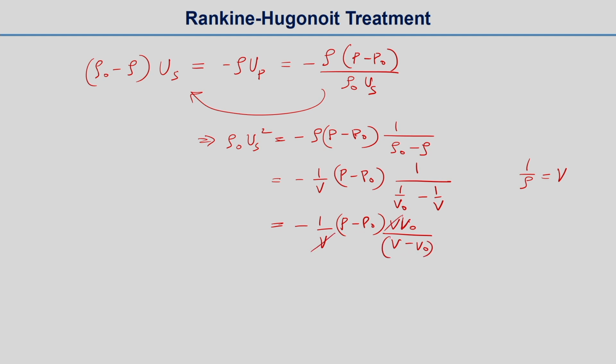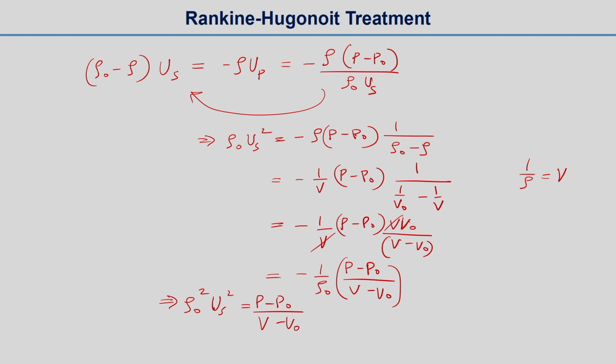We can cancel V and V here, and there will be one V naught remaining. So from here, what we get is rho naught square Us square equal to (P minus P naught)(V minus V naught).